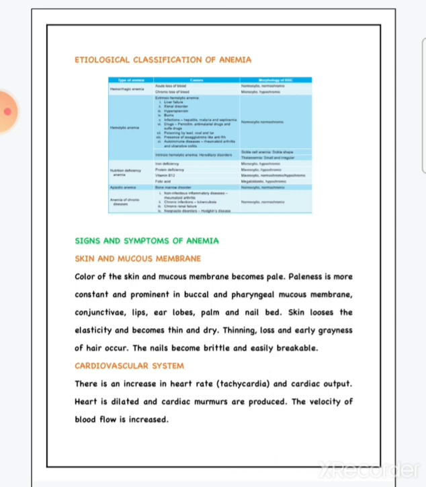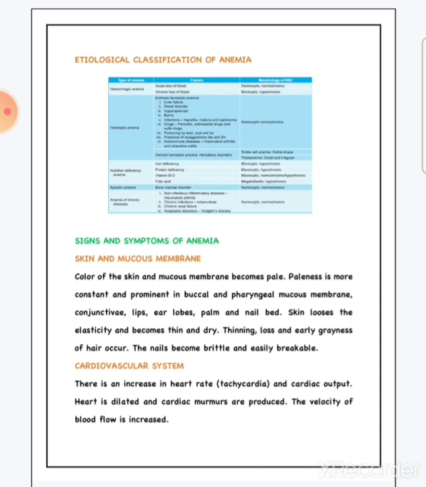Now, another type of anemia is the nutrition deficiency anemia, which is due to environmental influences. Here the causes are iron deficiency, protein deficiency, vitamin B12, and folic acid deficiency. The morphology of RBC in iron deficiency is microcytic hypochromic, in protein deficiency it is macrocytic hypochromic, and in vitamin B12 deficiency it is macrocytic normochromic or hypochromic.